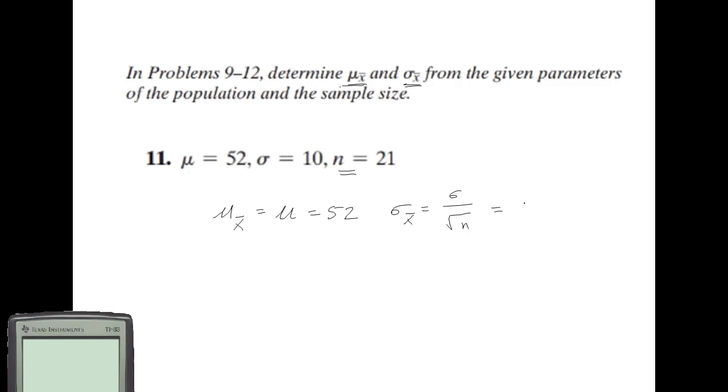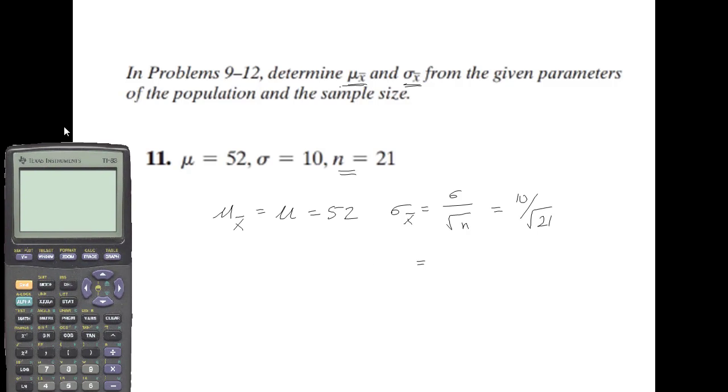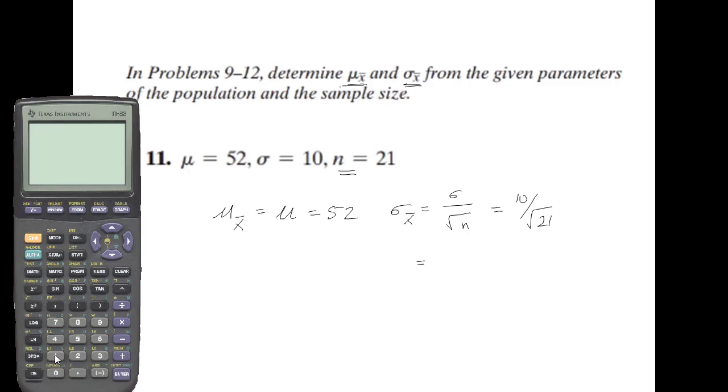So that turns out to be 10 divided by the square root of 21. So for this problem, I just take 10, divide by the square root of 21, and I get 2.18.